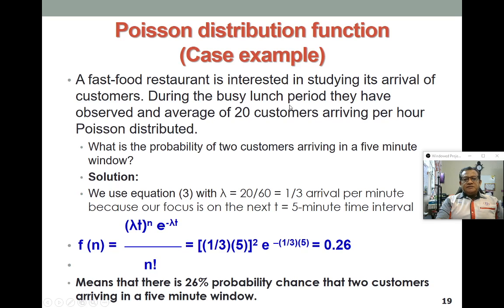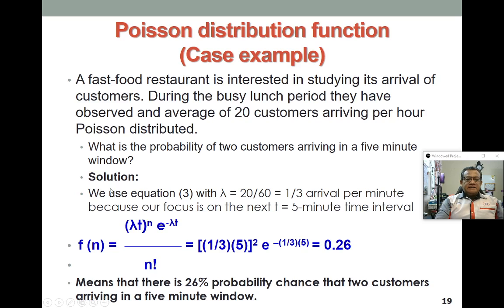During the busy lunch period, they have observed an average of 20 customers arriving per hour based on normal Poisson distribution curve. So the question is, what is the probability of 2 customers arriving in a 5-minute window? What are the chances that 2 customers arrive within the 5 minutes time interval?